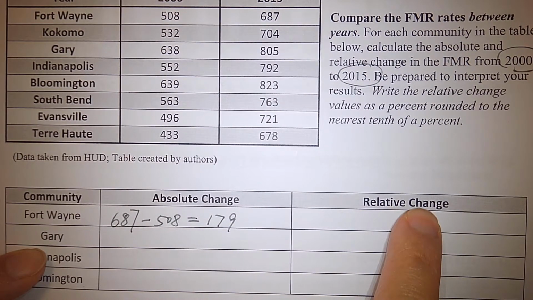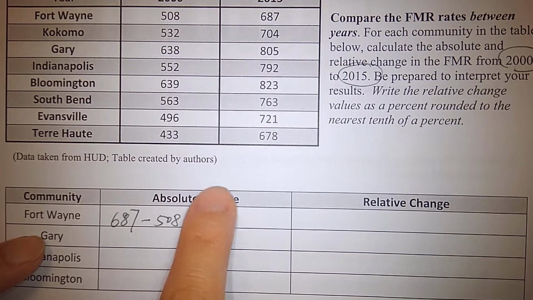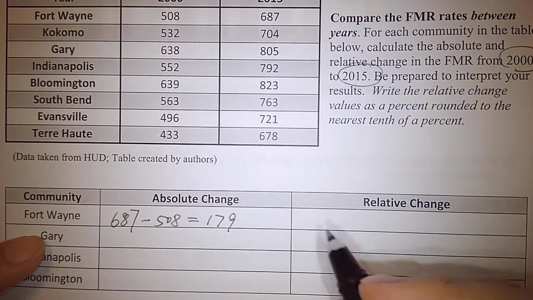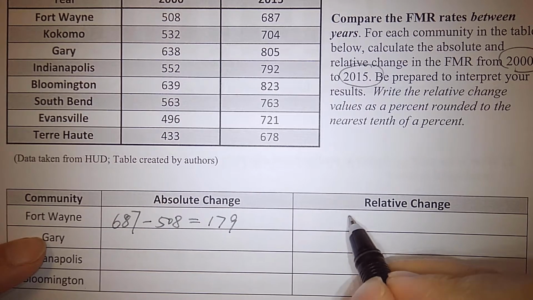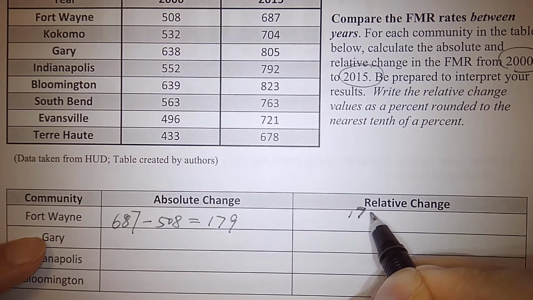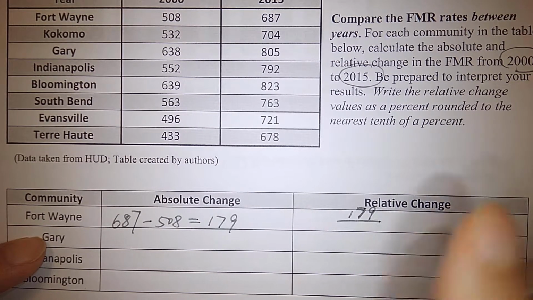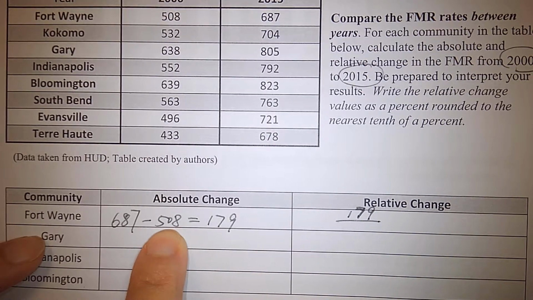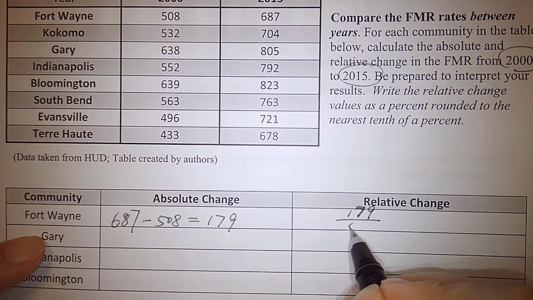Okay, the relative change. We don't have to recompute the absolute change, right? So relative change should be the absolute change 179 divided by the old value. What is the old value? 508, sorry.